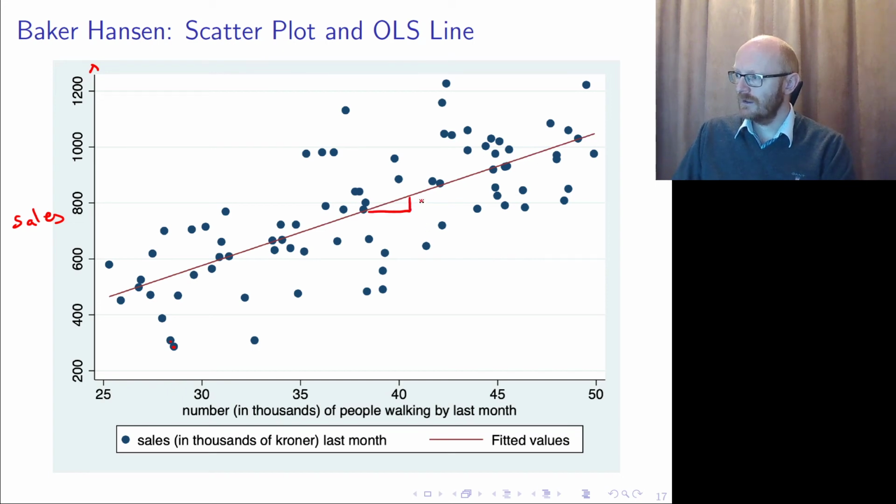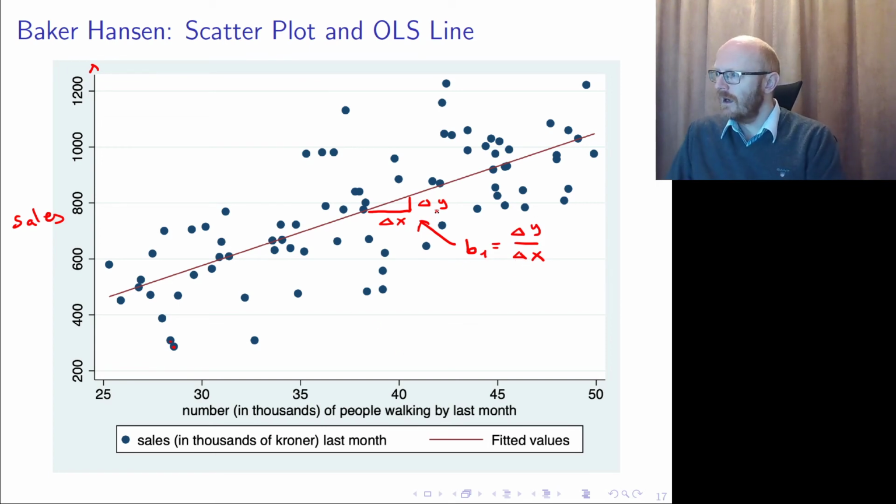This would be delta y, and this would be delta x, and the slope would be delta y divided by the change of x, change of y based on change of x.